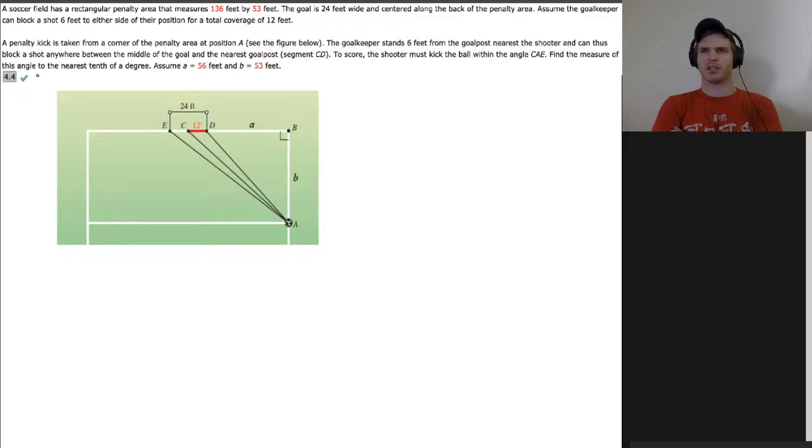The penalty kick is taken from a corner of the penalty area at position A. Goalkeeper stands 6 feet from the goalpost nearest the shooter and can thus block a shot anywhere between the middle of the goal and the nearest goalpost, segment CD. Okay. To score, the shooter must kick the ball within the angle CAE. Find the measure of this angle to the nearest tenth of a degree. Assume A is 56 and B is 53.